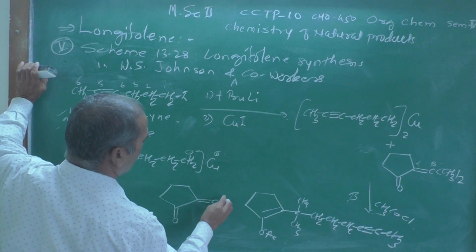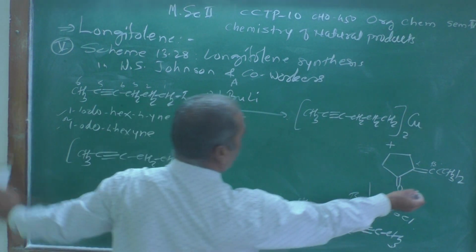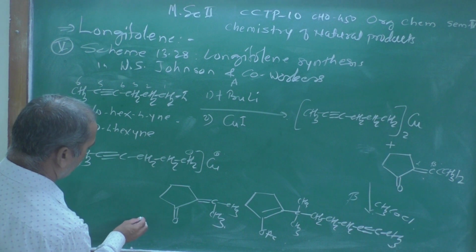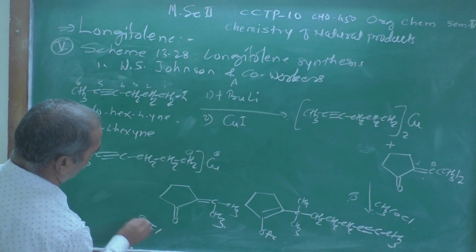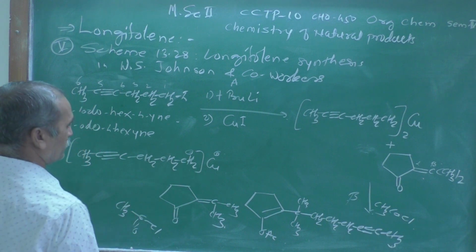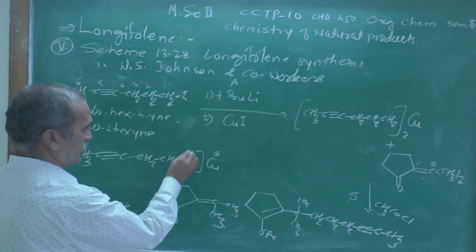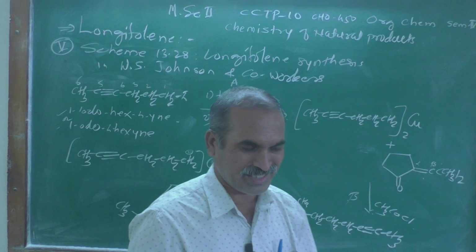I am writing over here CH3 and this CH3, two methyl groups. For the mechanism I am writing over here another one, so C double bond O, Cl and this methyl group.